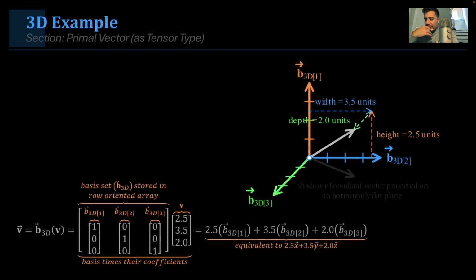So that was a 2D example on the previous slide, and now we can present a 3D example. Down here, you see we have a different vector. It's the product of some basis set we call B3D, and that contains 3 different basis vectors, which we call B3D1, B3D2, B3D3.